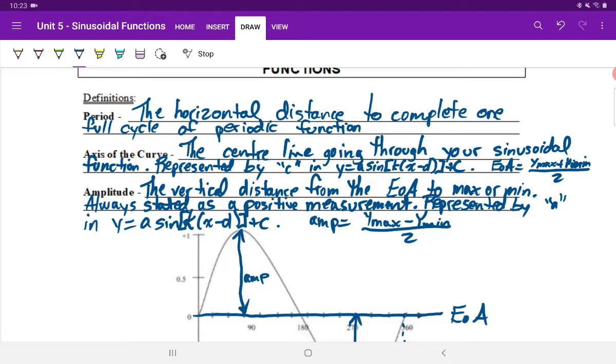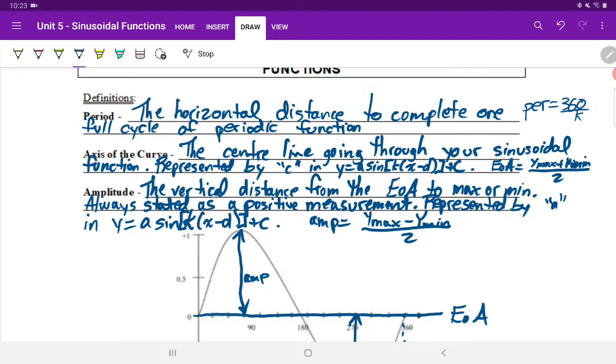And if I were to write out the formula to calculate period, it would be 360 divided by k. Now, in the word problems that we're going to have below, you'll be able to decipher what the period is potentially, which means you can find k as well.